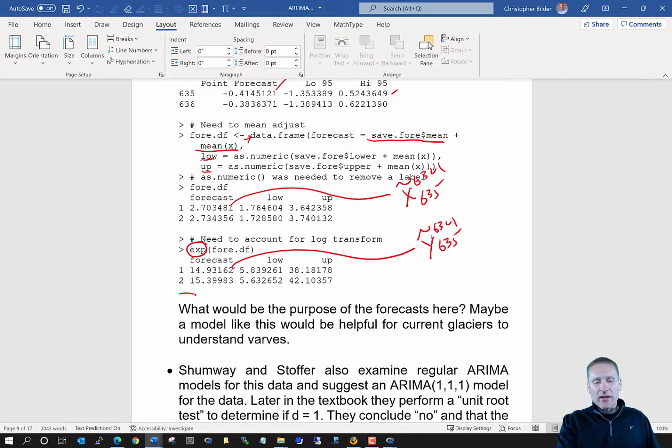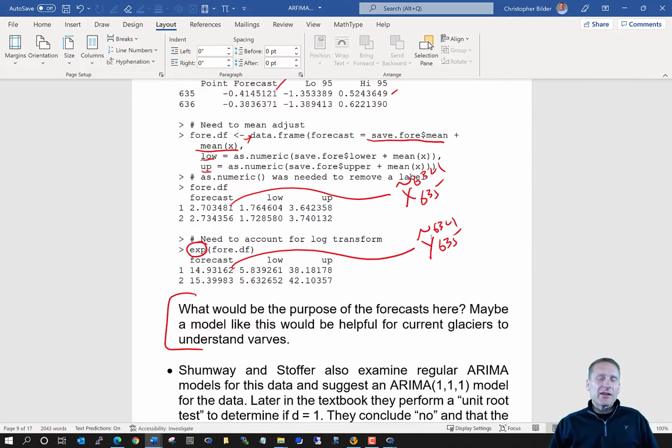Now, a big picture thing here would be, well, what would be the purpose of these forecasts here? After all, this was thousands of years ago, essentially, when this data was first coming about. And we are forecasting something that is for thousands of years ago. So what's really the purpose of doing forecasting here? And I think that's kind of up to debate for this particular problem.